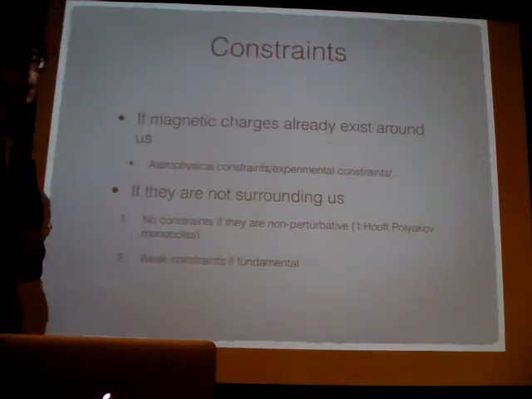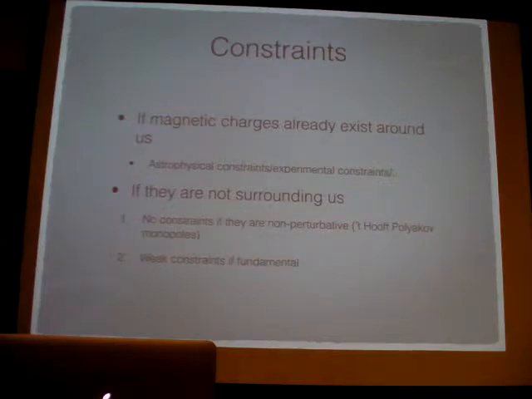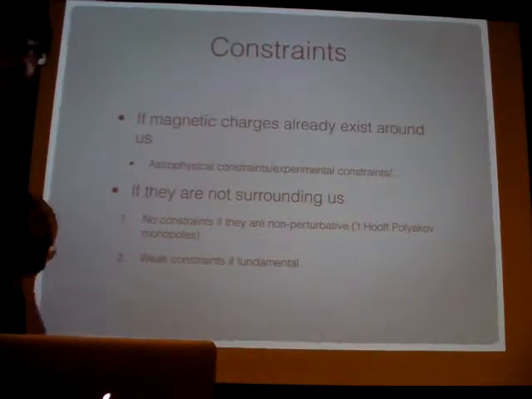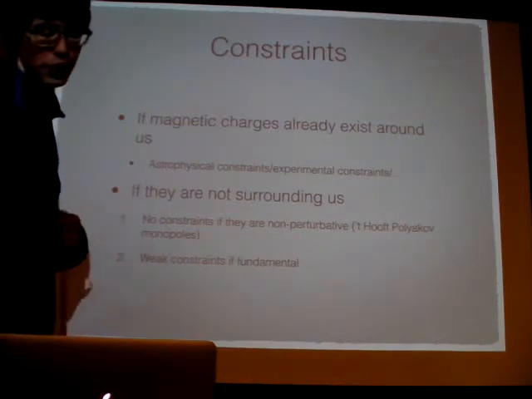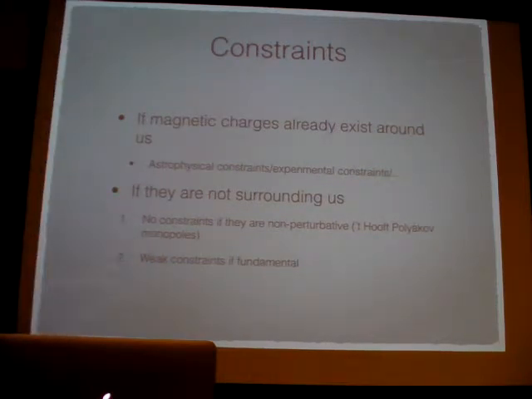So the string tension is given by the mass. Everything about the string is basically the mass. So the tension is of order the mass, and there's one scaling problem, so everything has to be that scale.